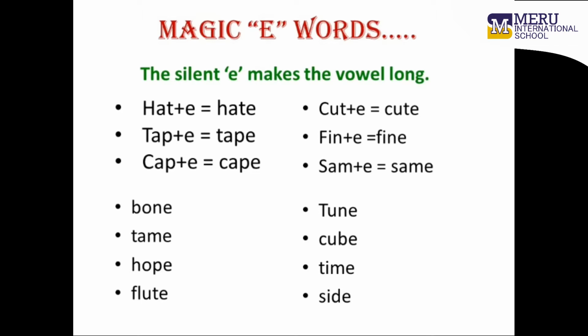Similarly, when there is a long vowel sound in the word, we can find that E is at the end of the word. So this is called the magic E rule. So whenever you find E at the end, you can understand that the vowels in the word are giving their name.